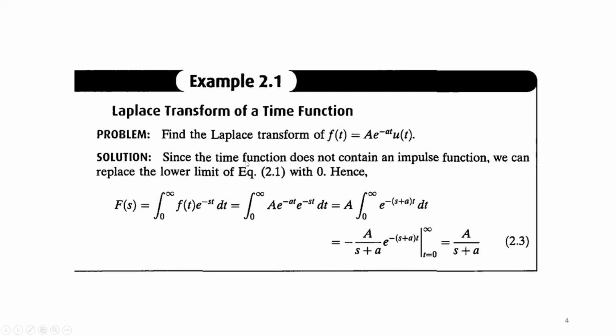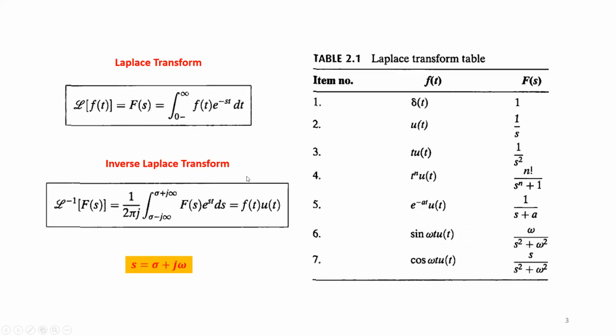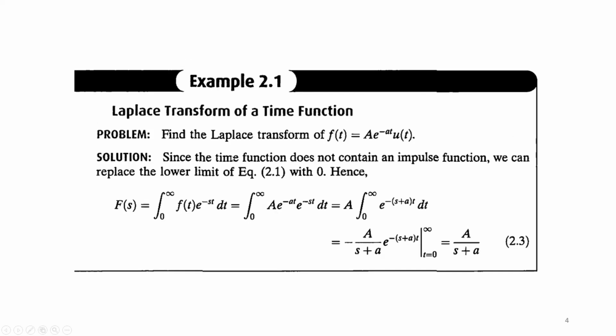Since the time function does not contain an impulse function, we can replace the lower limit of equation 2.1 with 0. So you can write f(t) e to the power minus st dt. Instead of f(t), you put this value.